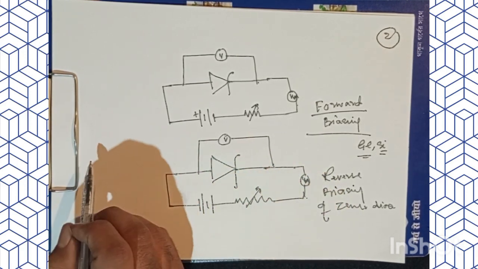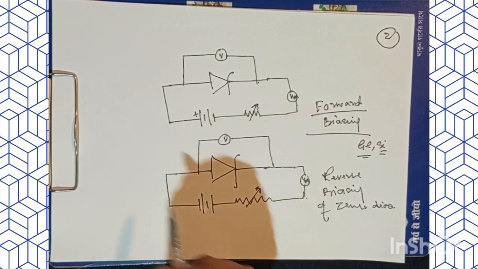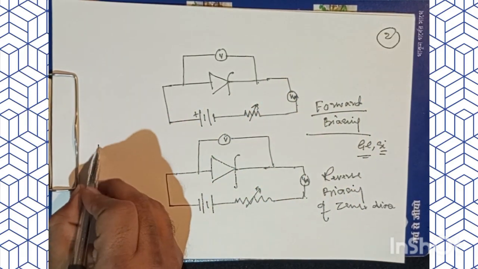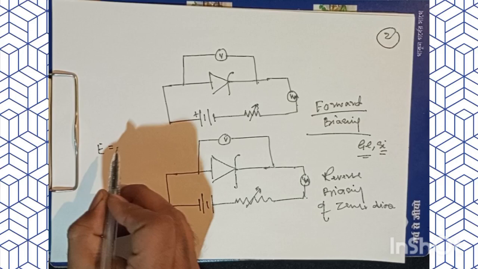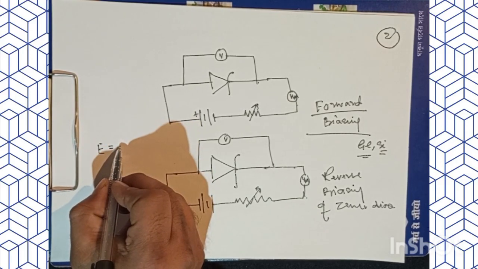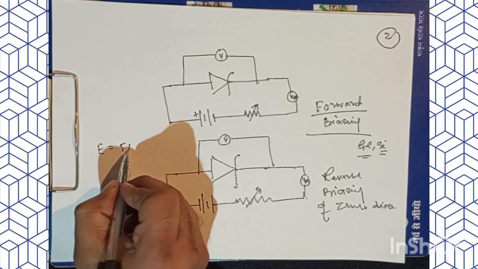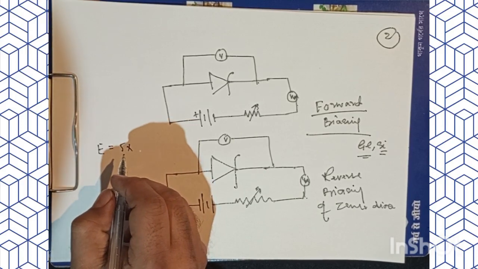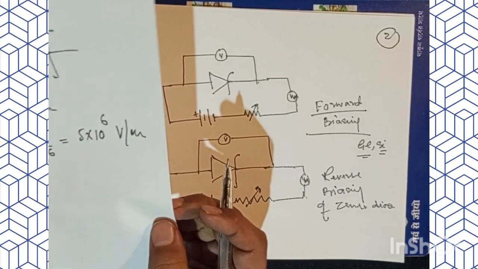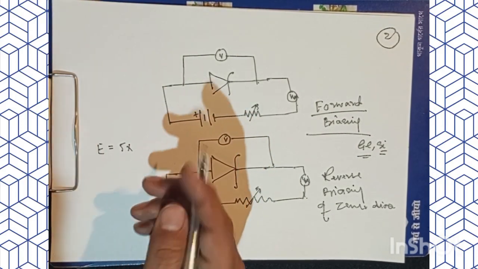As we evaluated previously, the electric field that sets up for taking 5 volts of potential difference was nearly 5 into 10 to the power of 6 volt per meter, right?